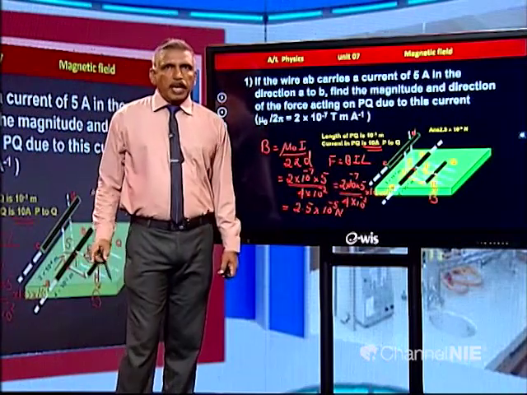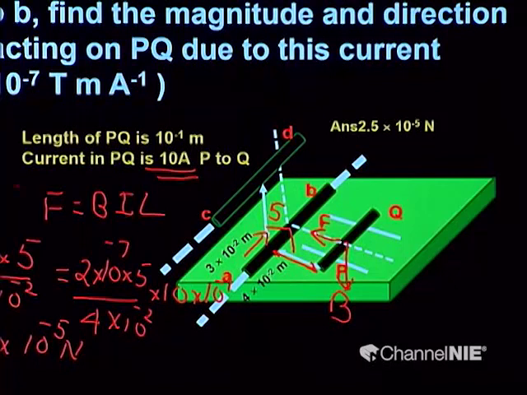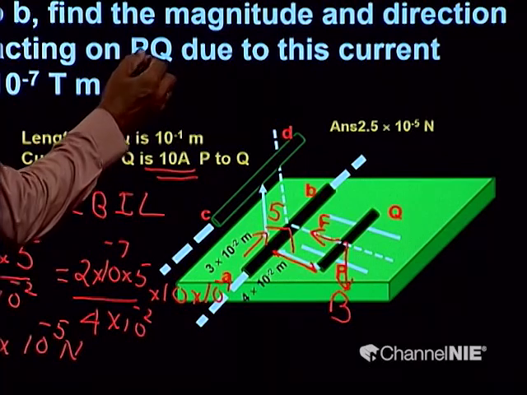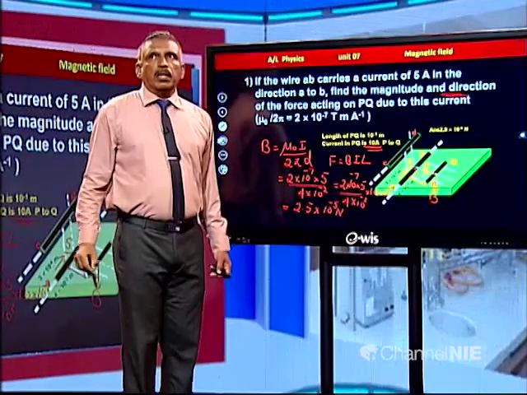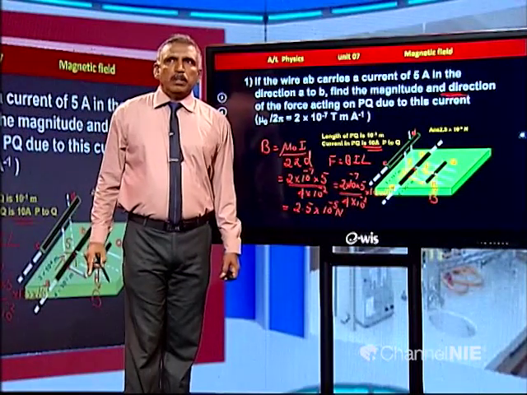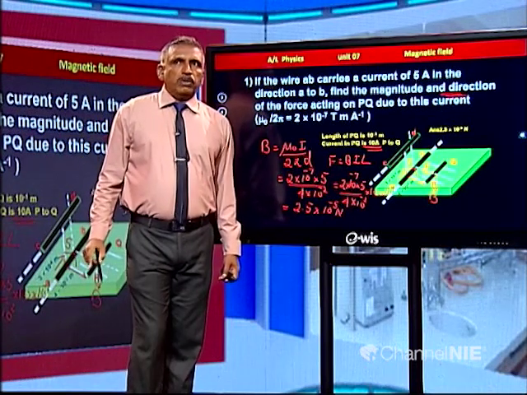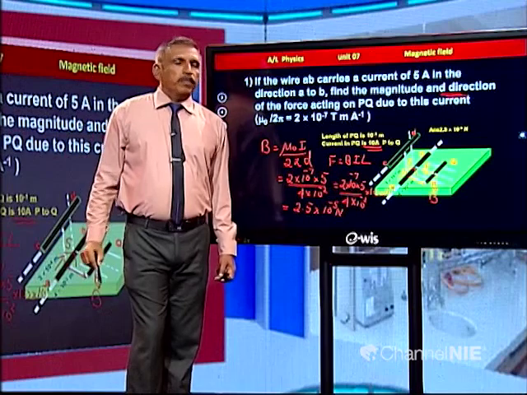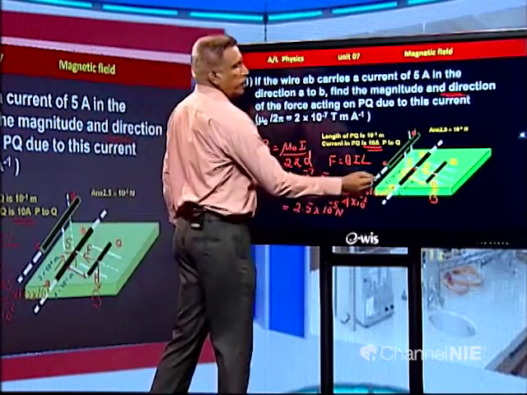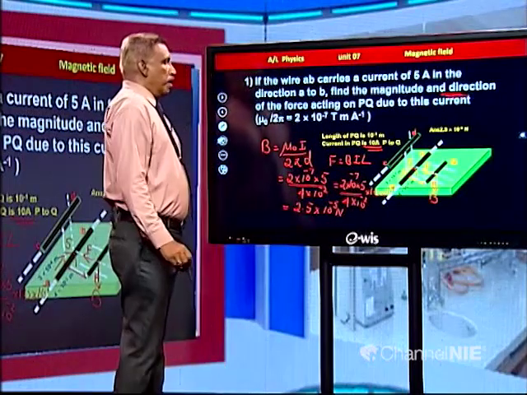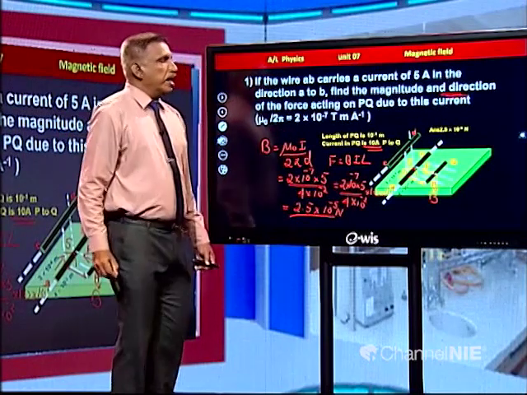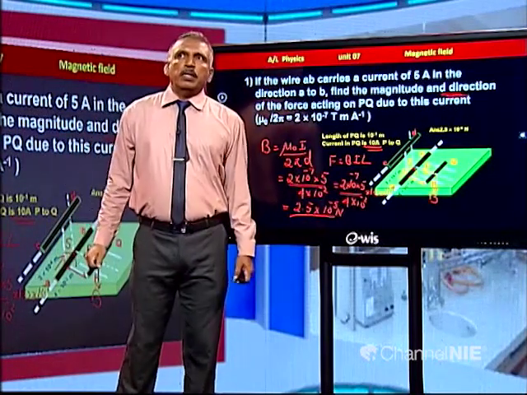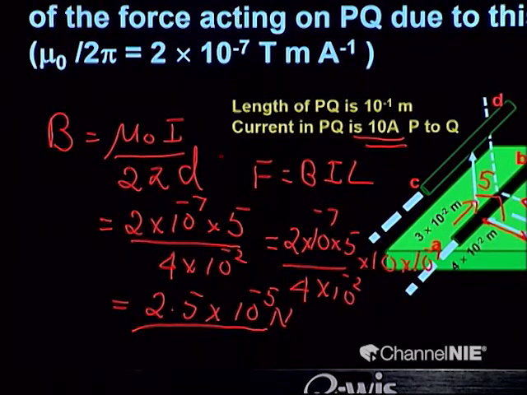This is the final answer, because they asked for the magnitude and direction. You have to give the direction also, otherwise you can't get the full marks, and show the direction in the diagram. So, the magnitude of the force is 2.5 into 10 to the power minus 5 Newton and the direction is towards AB. Okay. This is the first part complete.